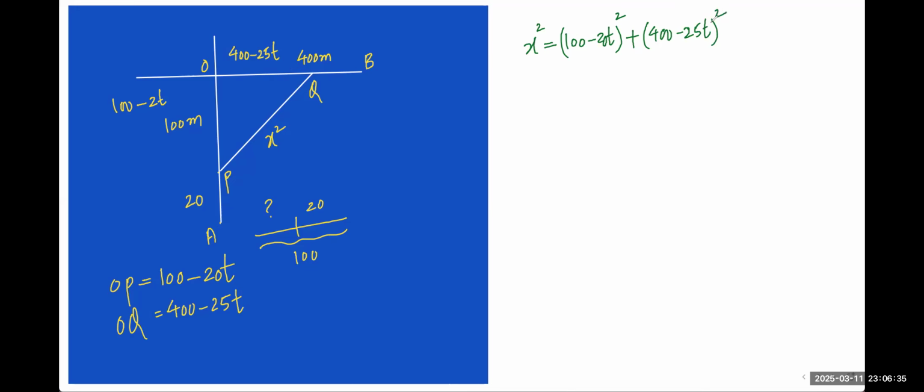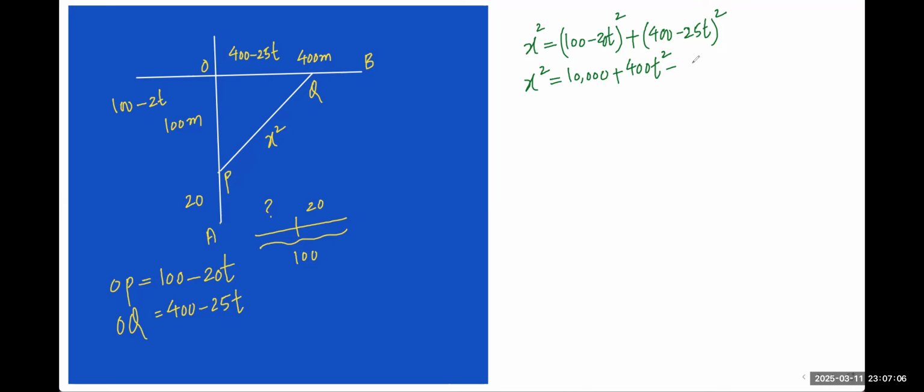And if you simplify, x squared is equal to, a minus b whole squared formula, you know. So a squared is just 10,000, then it is plus here, 400t squared, minus 2ab, 2ab means 4,000t.